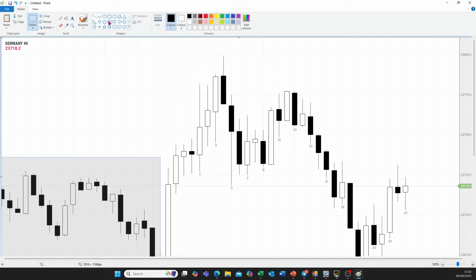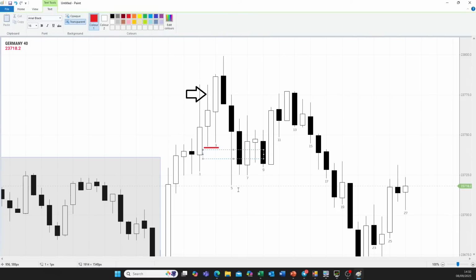The school run bar is this one here, number 2, and it has a low. It's 742. Allow me just to type that in. 23,742. Actually, I'm not sure that is correct. I think yes, it is 742.